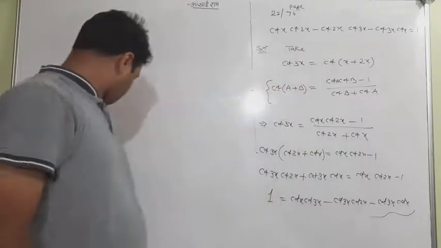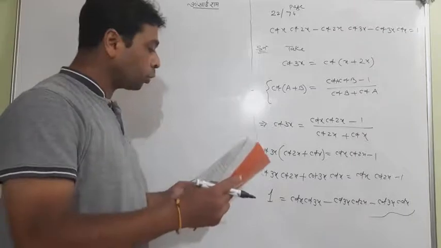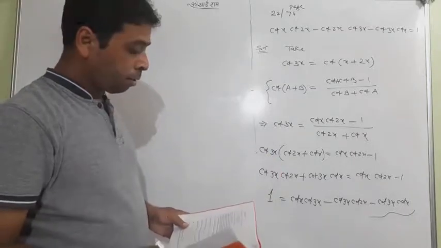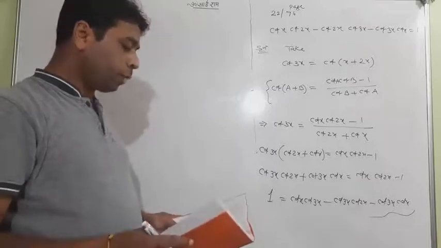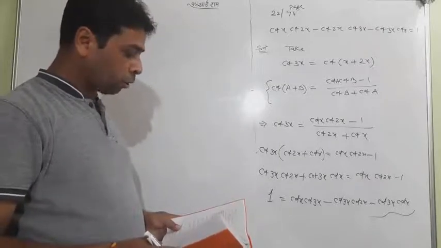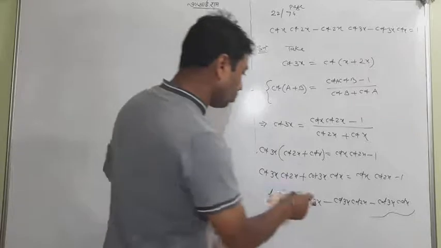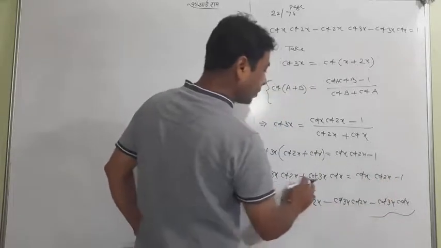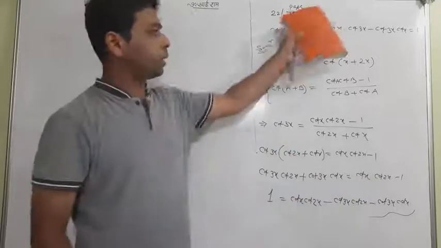Let me see the question properly: cot 2x cot 3x, cot 3x cot x and cot x cot 2x. This is the term, and the rest I transferred to that side. See how similar it is.